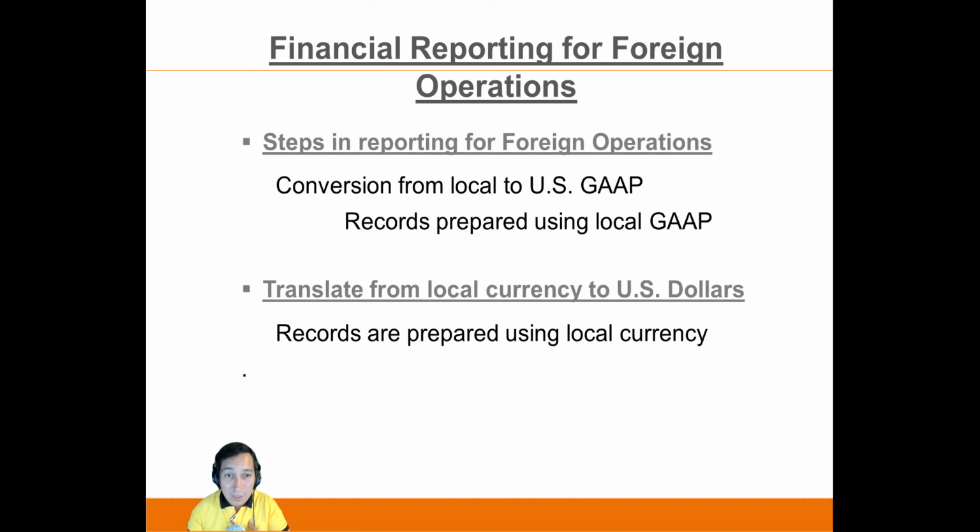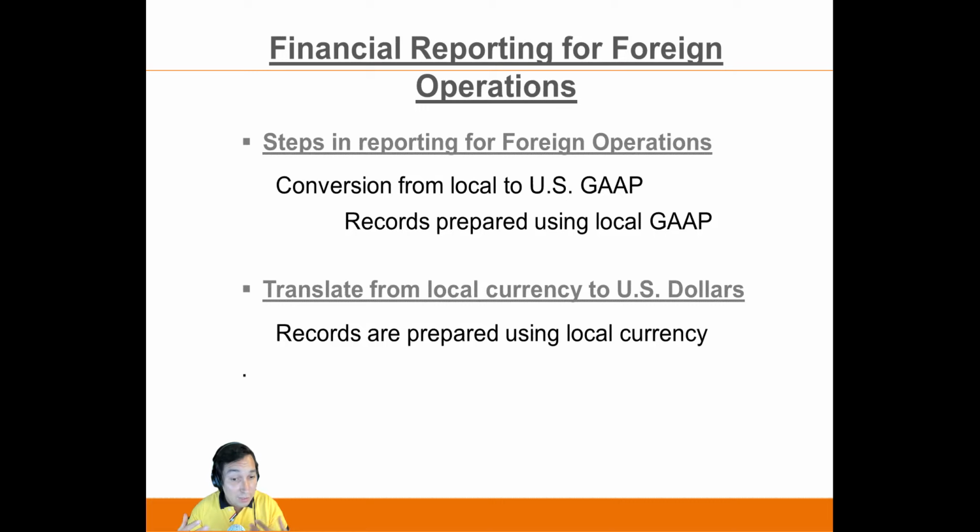So the step is to convert from the local accounting to the US accounting method. We have to prepare the financial statements using US GAAP, which is the accounting principles for the United States. We also would have to translate from the local currency to US dollars.